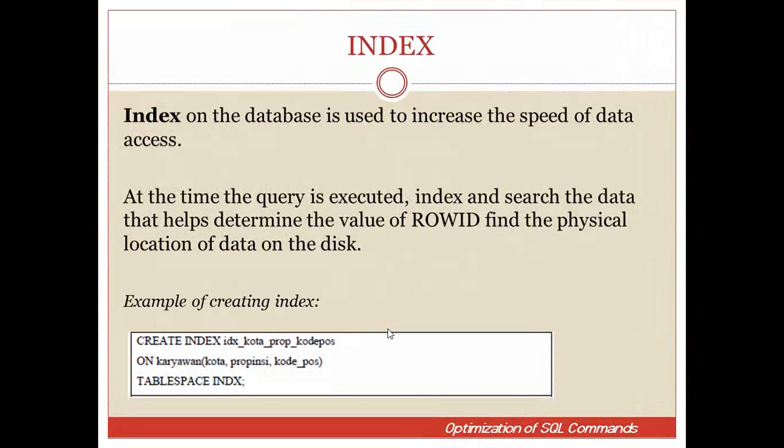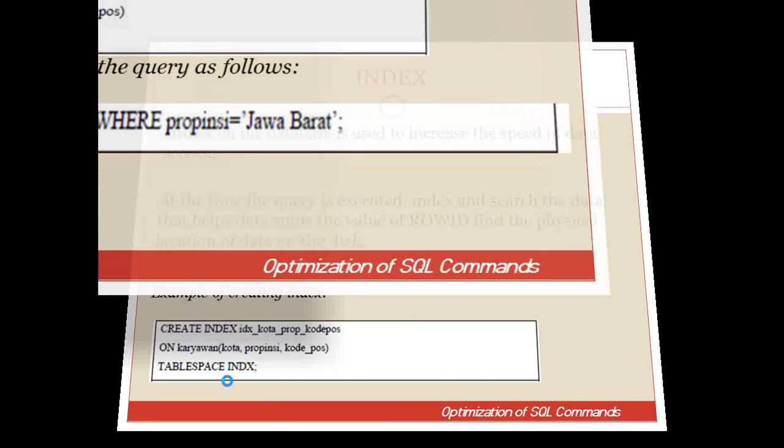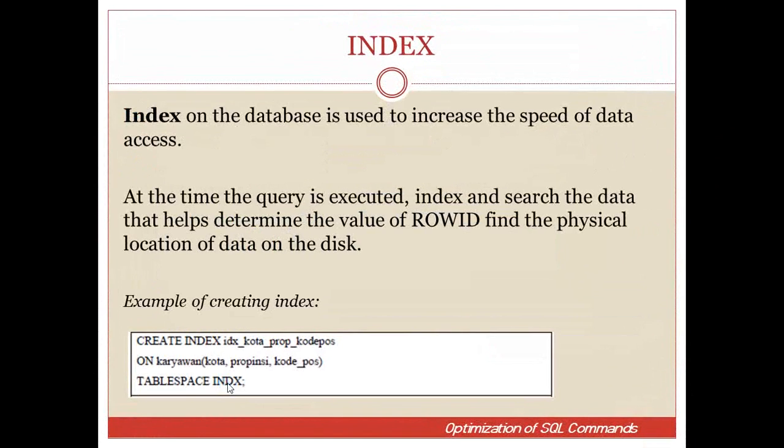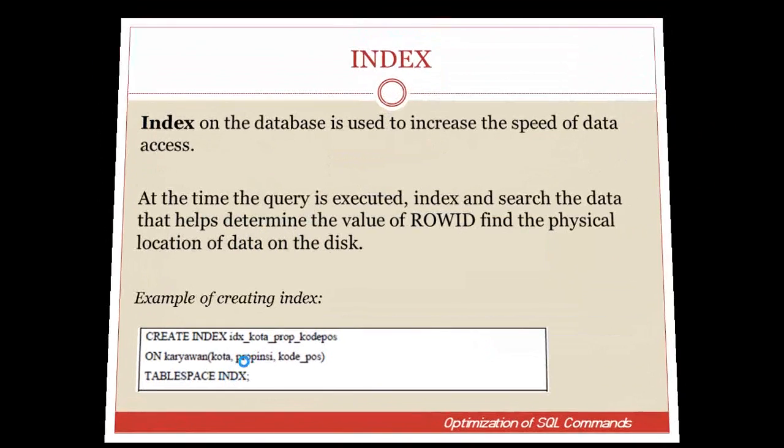Example of creating index: create index IDX kota prop kode pos on karyawan kota provinsi kode pos tabel space index. So here is the text of the index. Which one will we use?